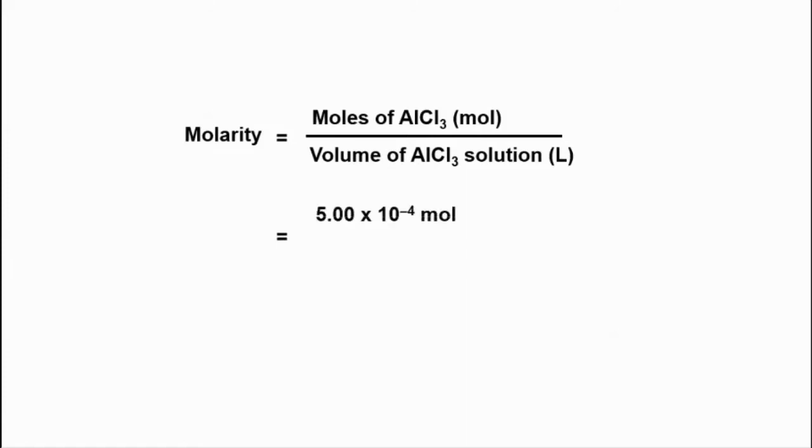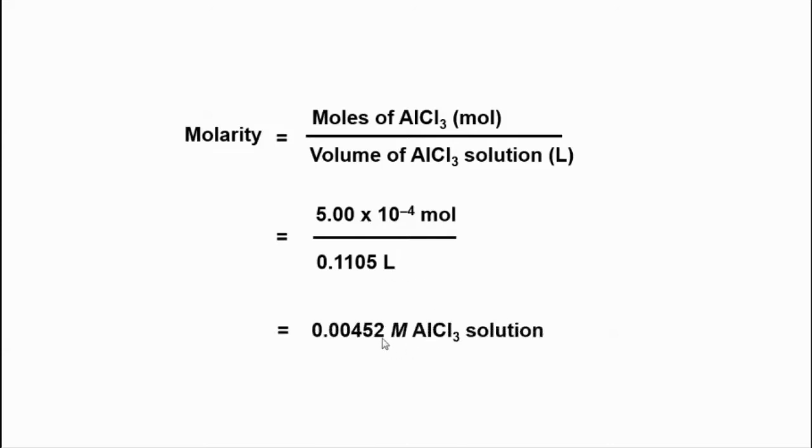So 5 times 10 to the power of -4 mole divided by the volume, 0.1105 liters, and we are going to get the concentration of the aluminum chloride solution as 0.00452 mole per liter, or molar.